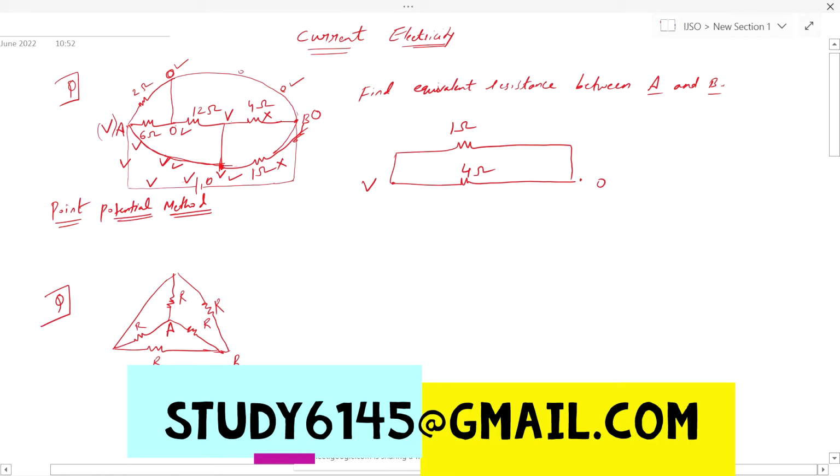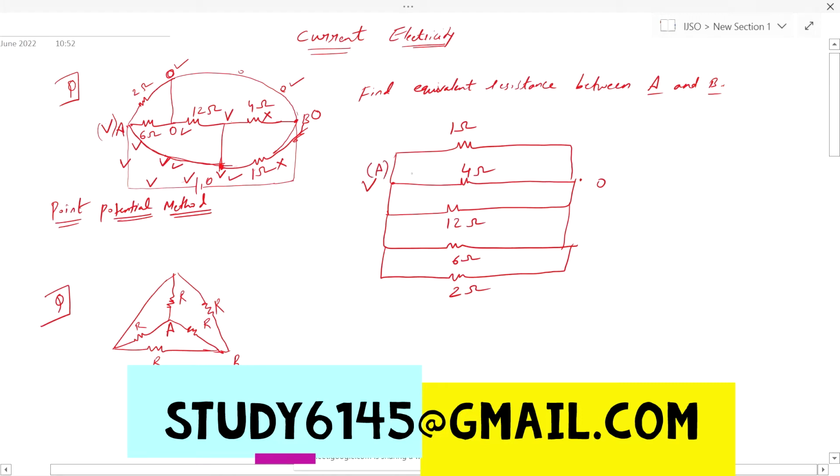Now between V and 0, there is one more resistor of 12 ohms, one more of 6 ohms, and one more of 2 ohms. All the resistors are between V at point A and 0 at point B. Just solve it and get the answer.